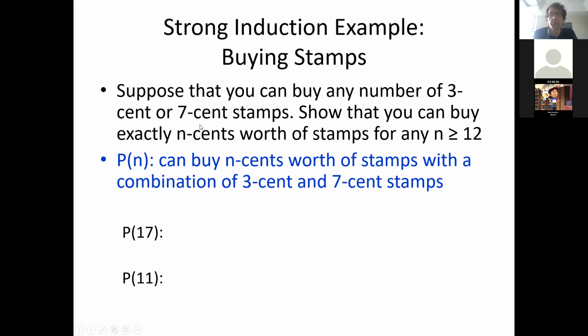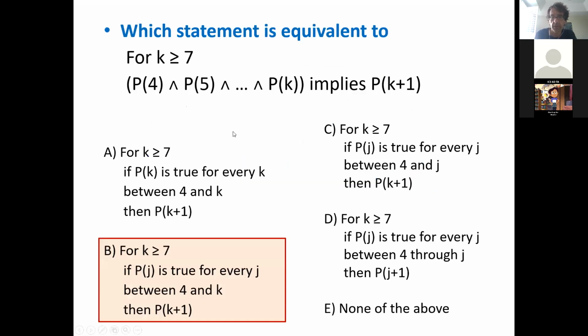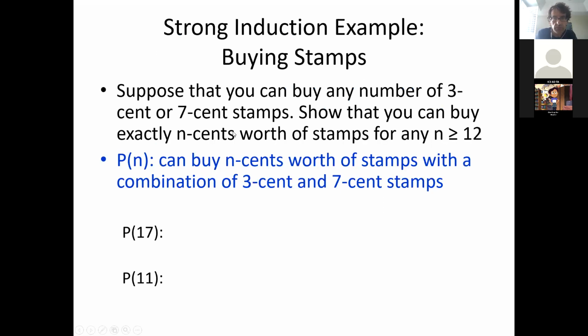They are free now to create mail categories like 27 cents or $1.15. Everything is expressible by a bunch of these two stamps. But that is true only after a certain threshold, and it just happens to be 12.